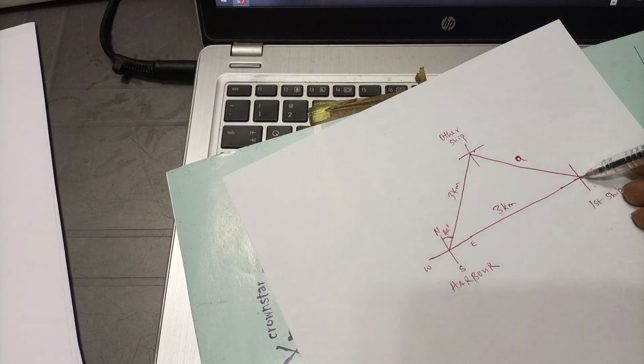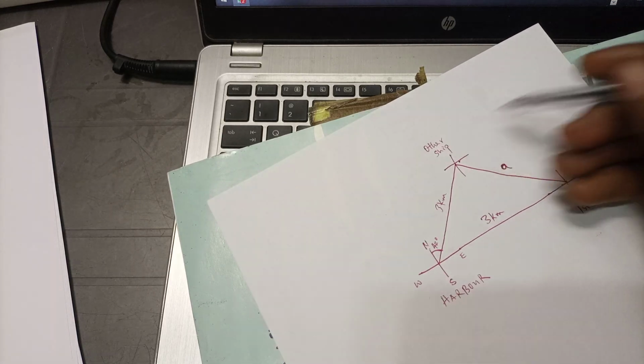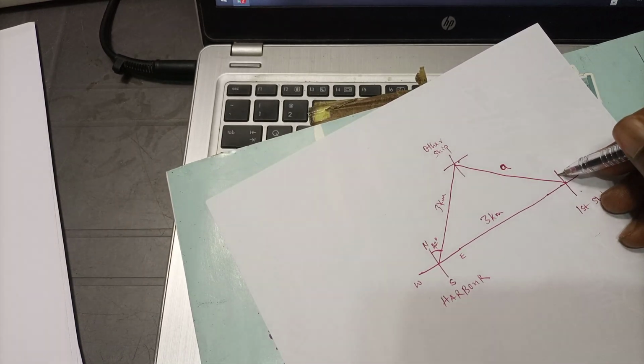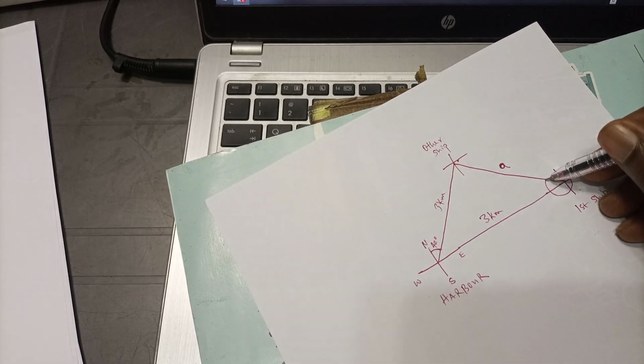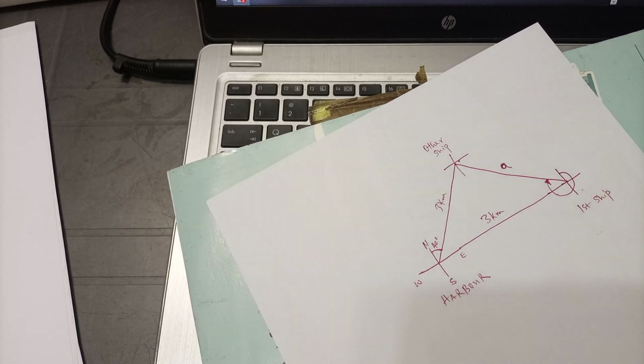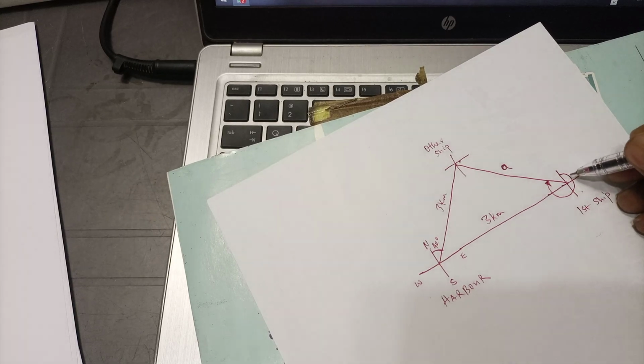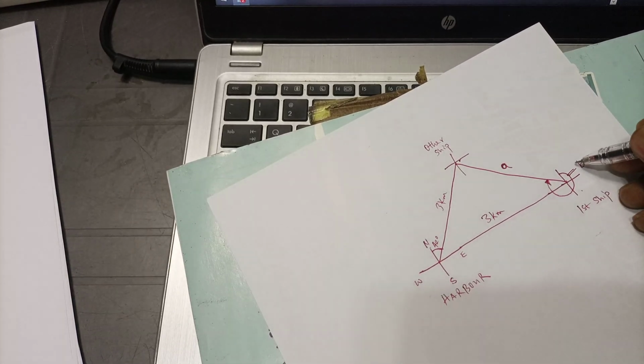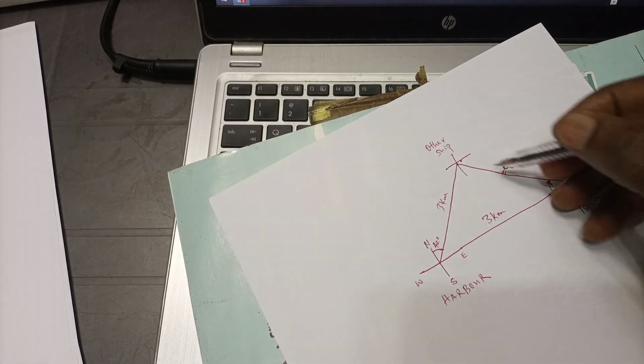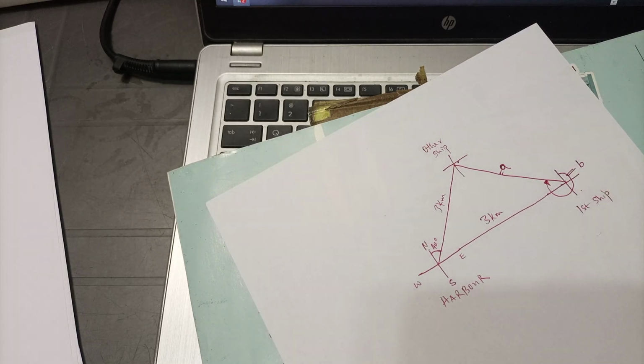So from here, how much will you turn to get here? This is the angle you have to turn. Okay, so that's the bearing. The first part is getting this distance, the second part is getting this bearing.